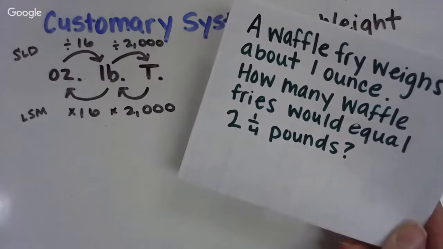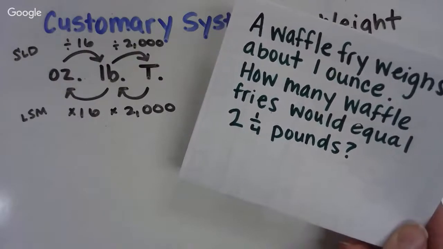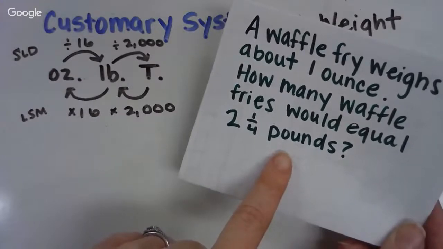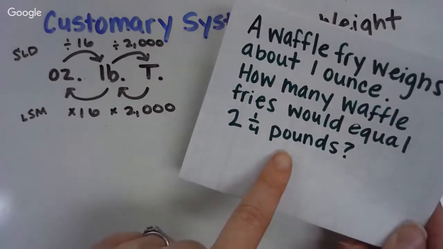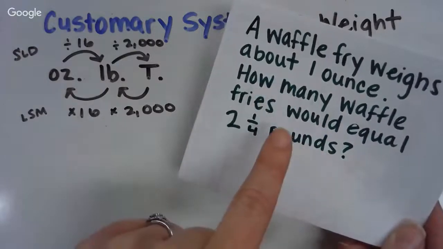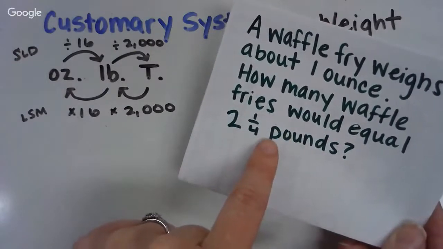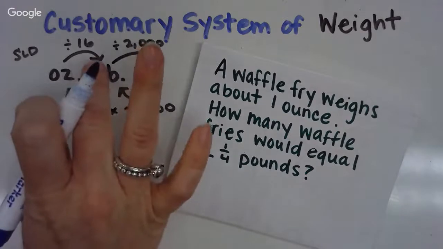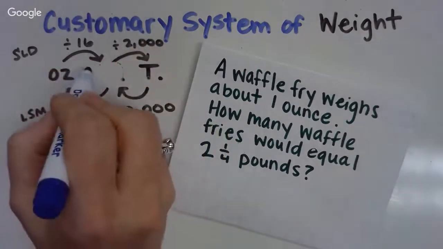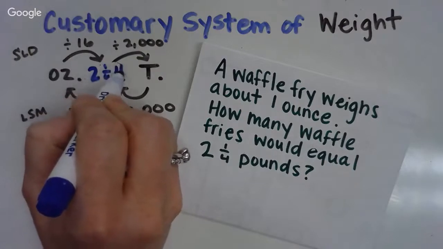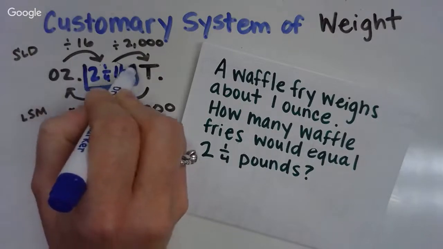Okay, so my given measure is actually this 2 1/4 pounds. This is what I'm trying to achieve, and I need to know how many waffle fries it's going to take to get to that point. So 2 1/4 is going to be my starting point in my map. I'm going to erase this just to make a little bit more space for us. We have 2 1/4 pounds.